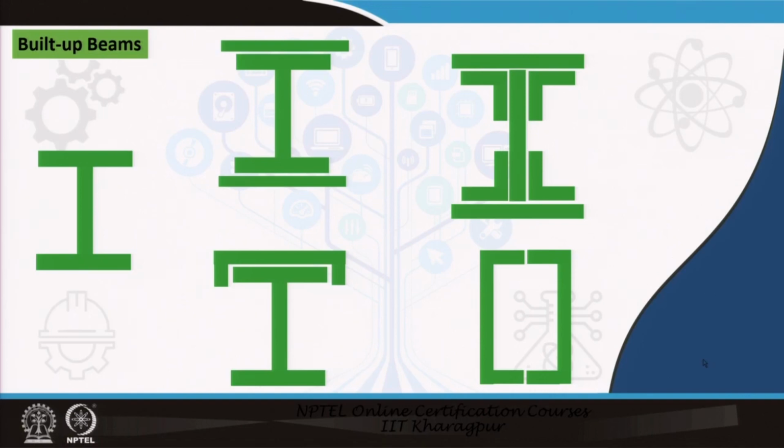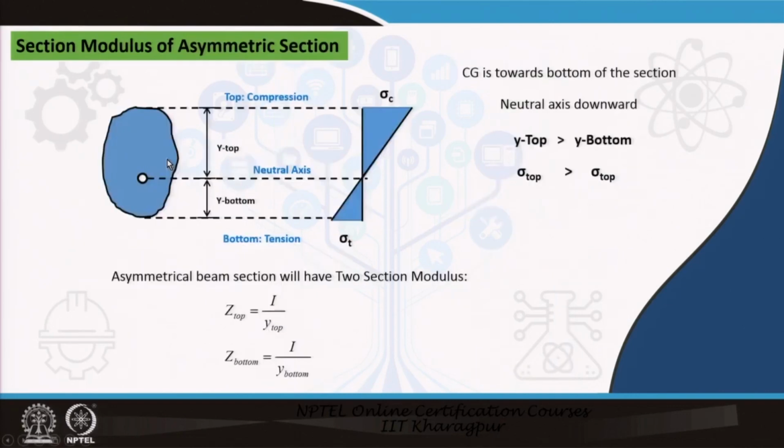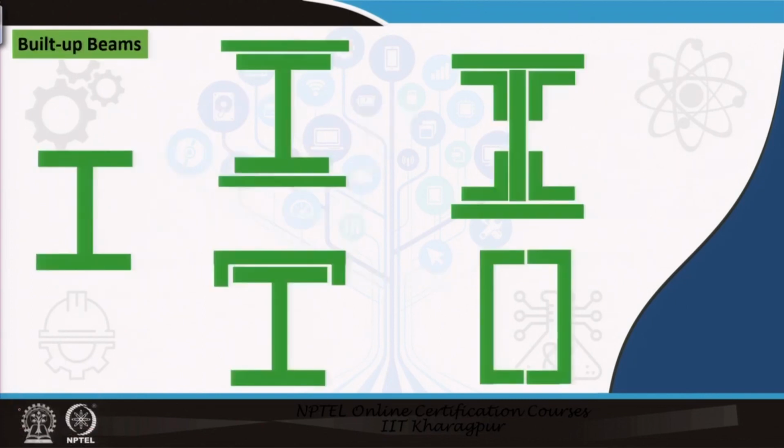Sometimes you need more amount of moment to be controlled or moment to be supported. So, with the I sections we can go with a lot of variety. We can go with some kind of plate, introducing some kind of a top and bottom plate. We can use some kind of a channel section.